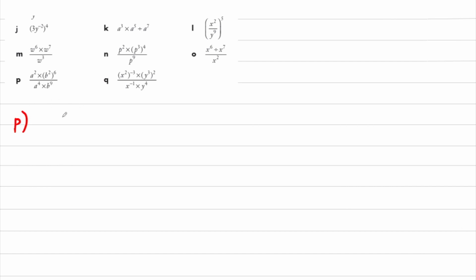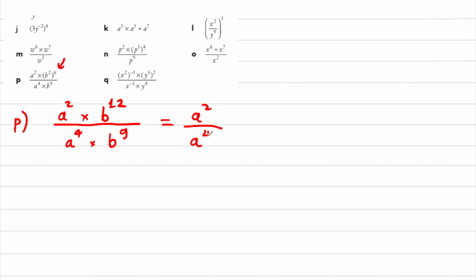Yeah, very complicated. The first one I want to simplify is this one. For this you have b squared and outside the bracket you have to the power of 6, and it is equal to b to the power of 12 like this. And in the denominator you have a to the power of 4 here and you have b to the power of 9 here, and now you have the two base numbers.